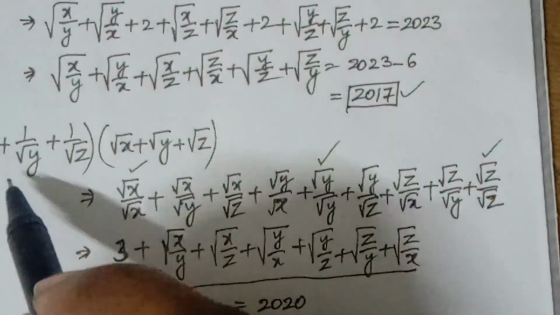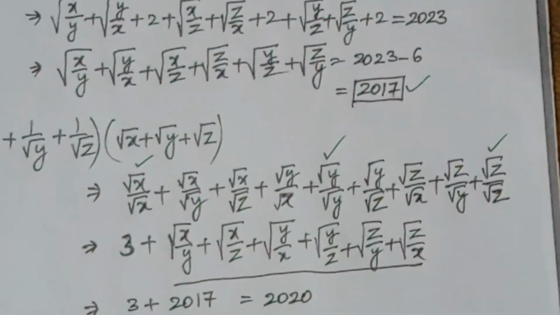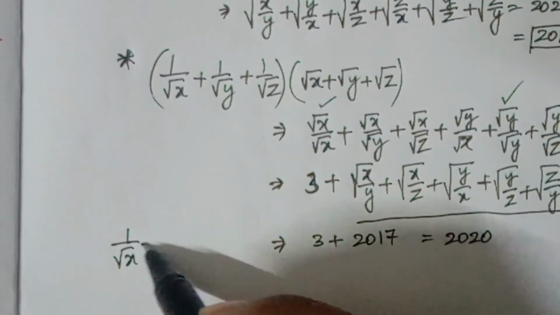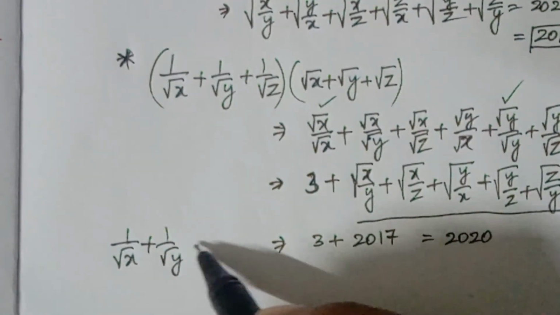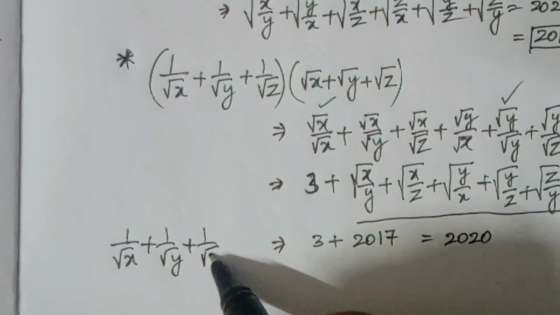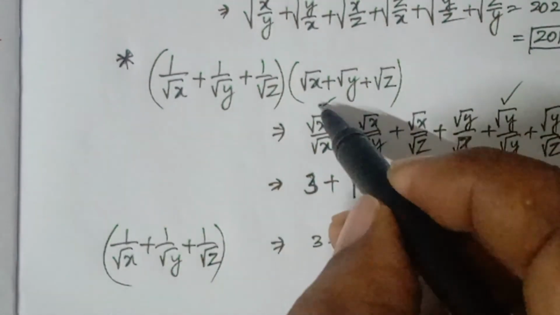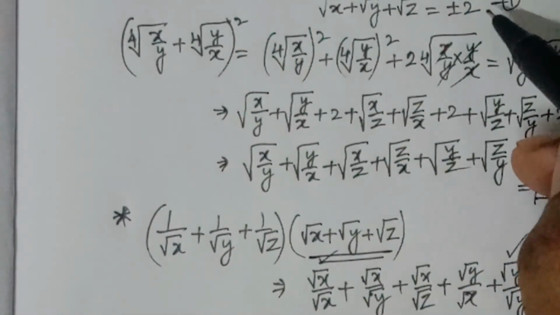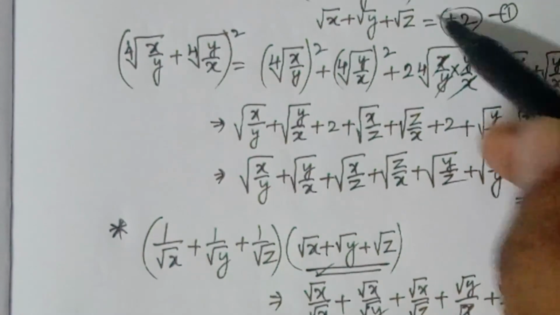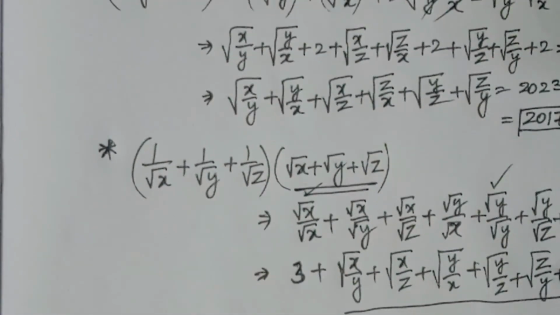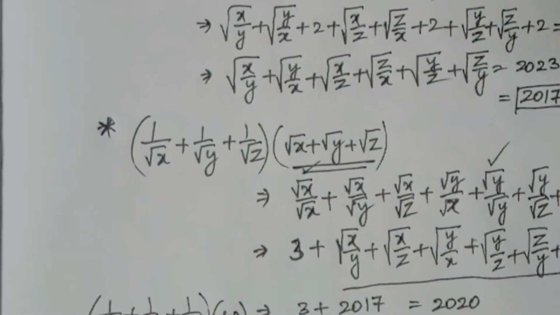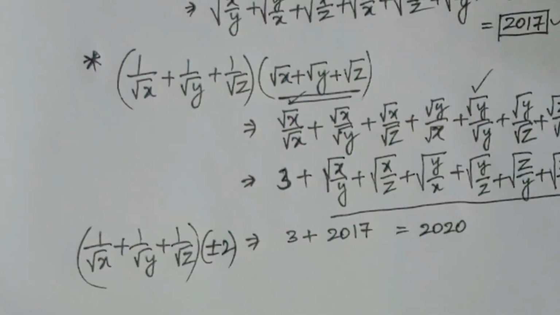So here, this value is 1 by root x plus 1 by root y plus 1 by root z, and this value we already know is plus or minus 2, and that multiplied is equal to 2020.